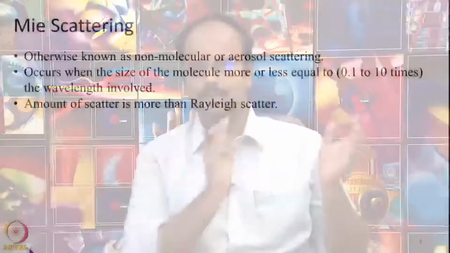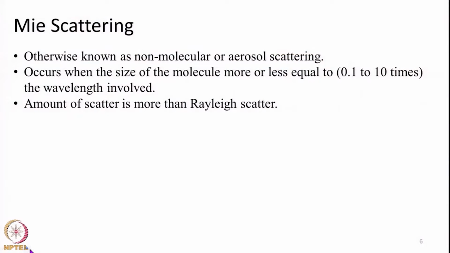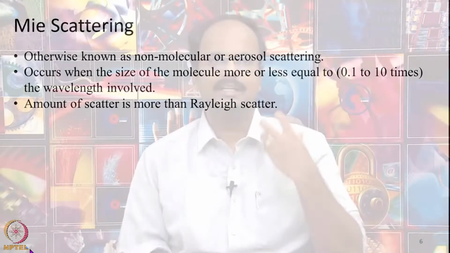So, here there is a lower bound and an upper bound on the size of the particle. Particles of this size will cause Mie scattering. Mostly the presence of dust in the atmosphere causes Mie scattering. Whenever dust or some aerosol particles are present, we see a lot of disturbance in our vision, and that is basically due to Mie scattering.